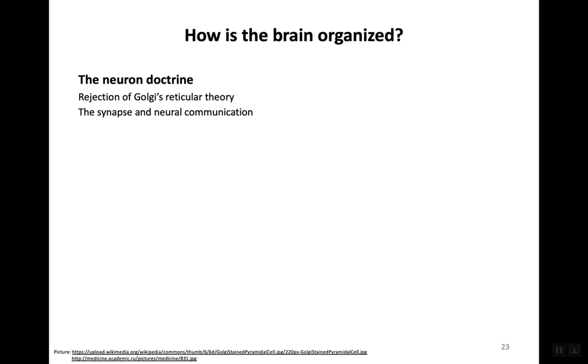So what does this theory state? Well, Golgi's belief was that the brain is one unitary network of nervous fibers. Hence, we have to treat it as a single unitary network.